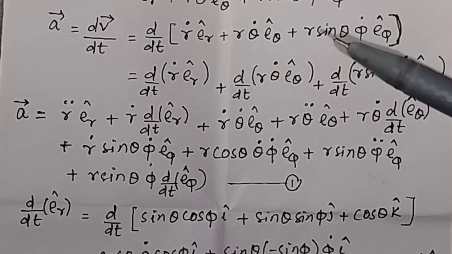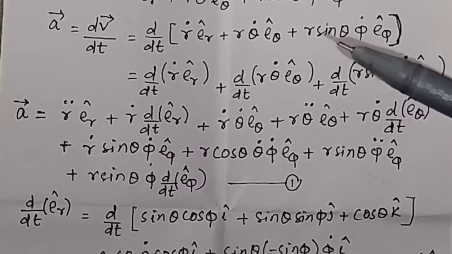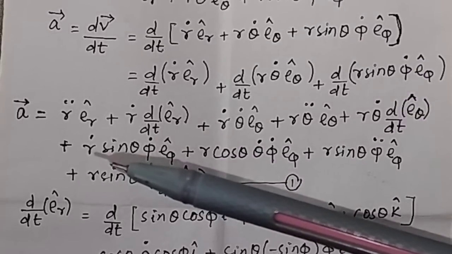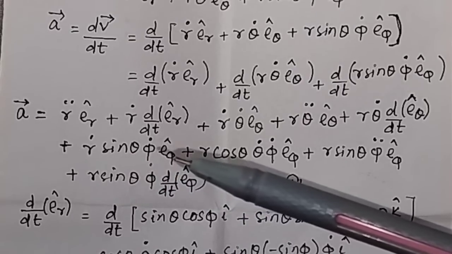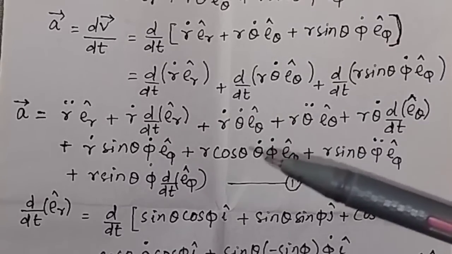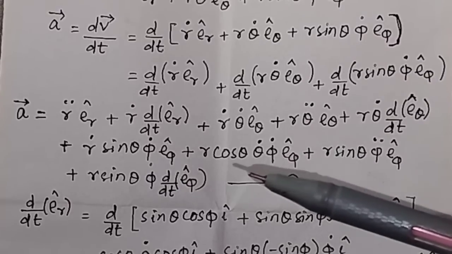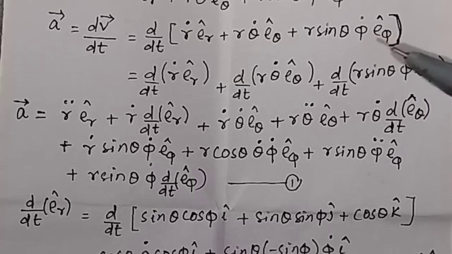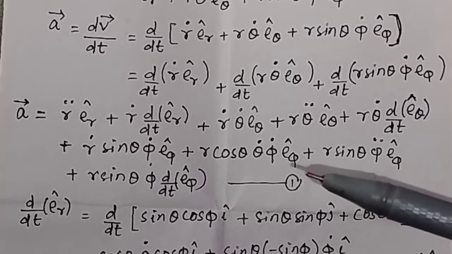So here you have four derivatives. First, you take the derivative of r, that is r dot, keeping sin theta, phi dot, e_phi cap constant. Then you take the derivative of sin theta, that is cos theta theta dot, and you keep phi dot and e_phi cap constant.